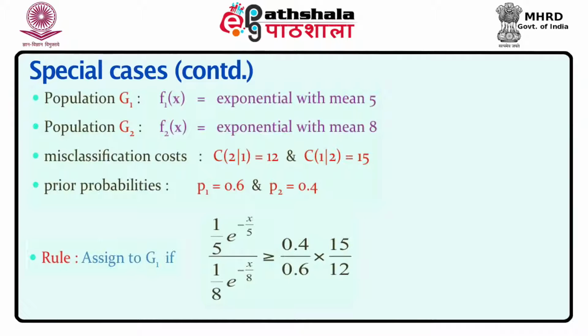You assign to G1 if the left hand side is greater than the right hand side, and you assign to G2 if the left hand side is less than the right hand side.